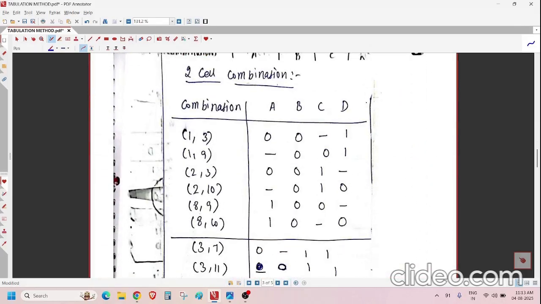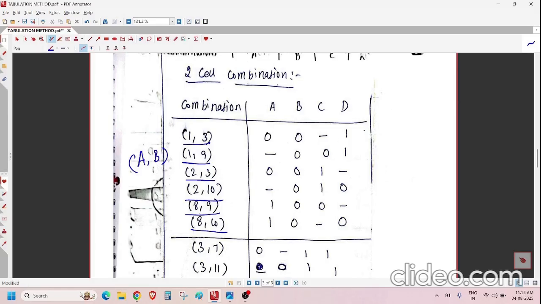According to the concept, 1 comma 3, 1 comma 9, 2 comma 3, 2 comma 10, 8 comma 9 and 8 comma 10 will be there. This is from the comparison of A comma B. The condition is only one bit will be changed, and that changed bit will be represented by a dash. That is the concept.